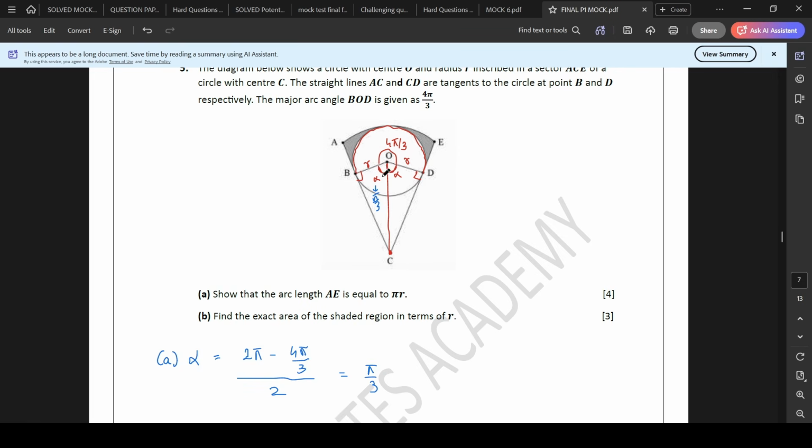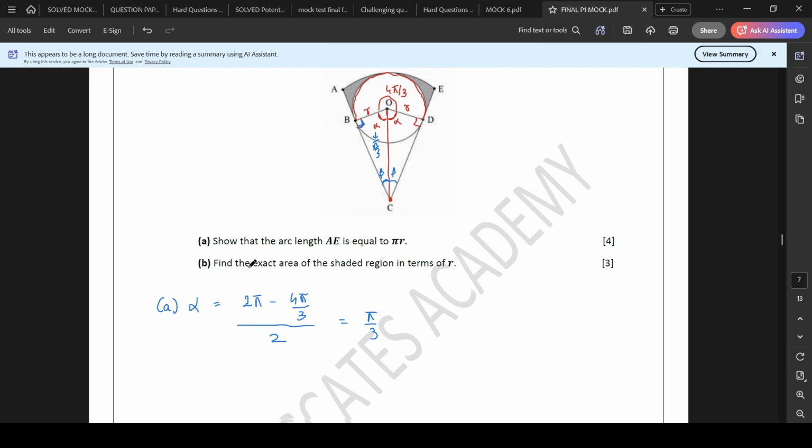If this is pi by 3, if this is pi by 2, what is this angle? Because of course I'm trying to find this angle, right? That is my main goal. So let's call this angle beta. This is also beta. So I can say that from here, my beta will be, whenever I draw a triangle, if let's say this is theta, this is 90, this is always pi by 2 minus theta, always, right?